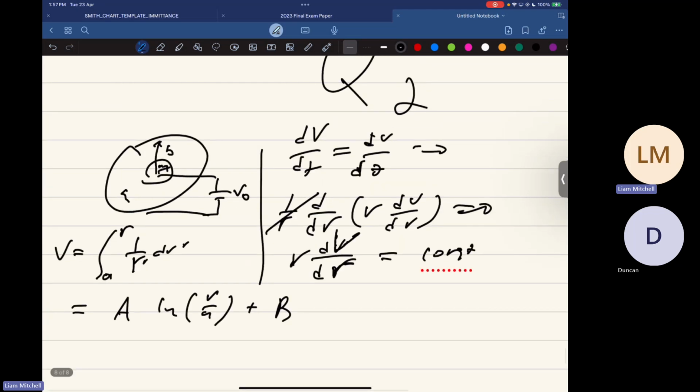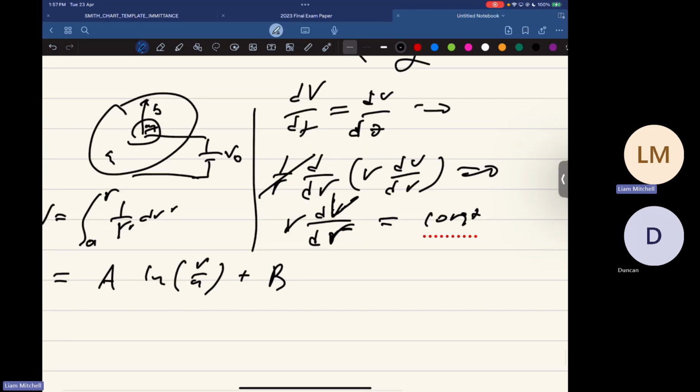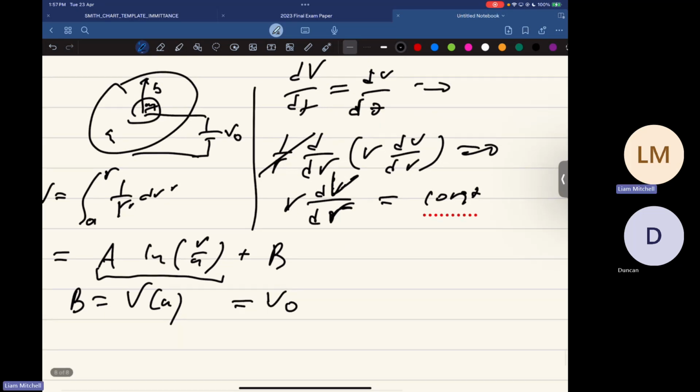It's just the form of our voltage between the two things. If we sub r equal to a, this just becomes 0. So it makes sense that B is just the voltage at a, because at r equal to a this part becomes 0, right? Which we call V naught, because we assume that there's a potential V naught here and a potential of 0 here on the shield.